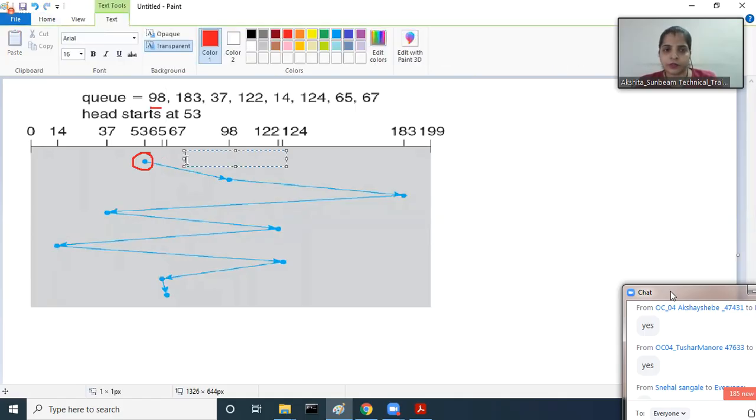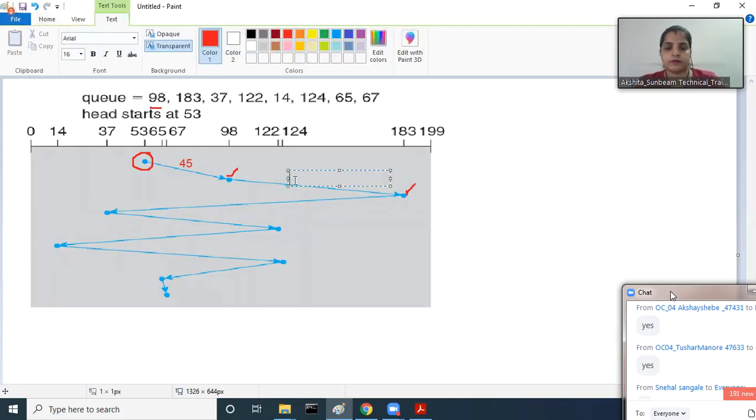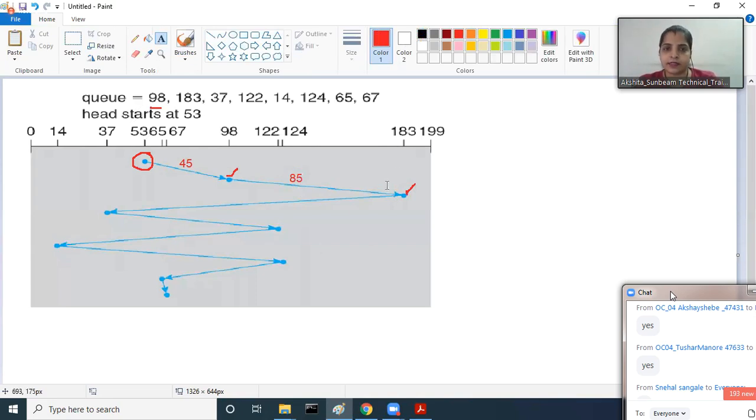Is it 45? Yes or no? Yes. Next request, 183. From 98, it will go to 183. What is the difference? It is 85. Correct? Next, it will come back to 37.